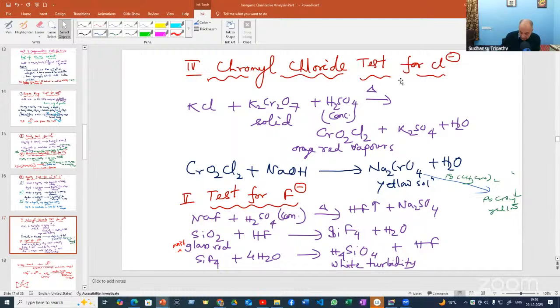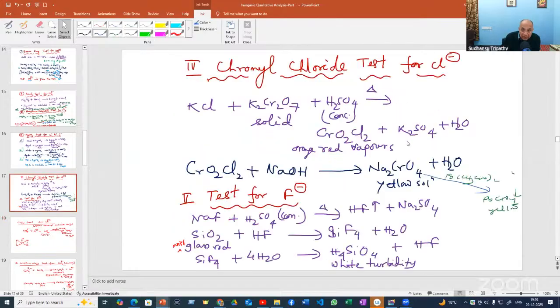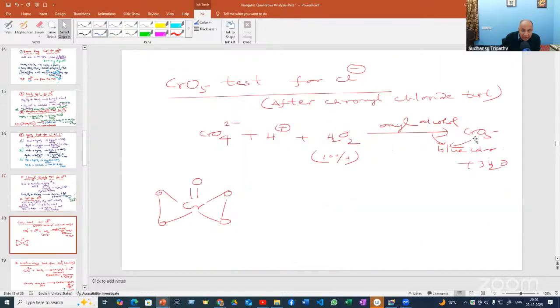Now, another test that is called the chromium 6 pentoxide test for chloride. After the chromyl chloride test, this sodium chromate, instead of adding lead acetate, you can add hydrogen peroxide solution, 10 volumes, in acidic medium, and give some organic solvent, which will remove chromium 6 oxide.